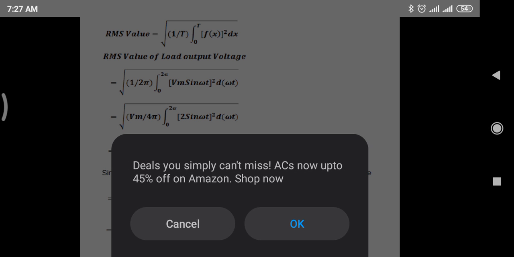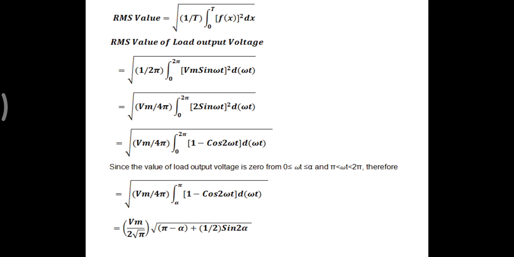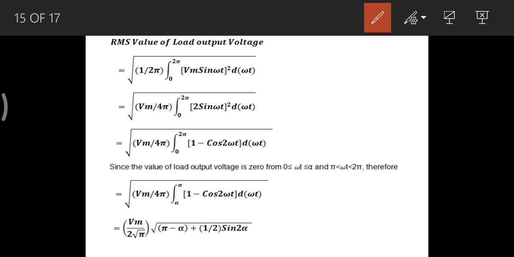As in the previous calculation for the average value, we divide the limits into three parts, 0 to alpha, alpha to pi, and pi to 2 pi. Here also we divide this and apply only the limits alpha to pi.